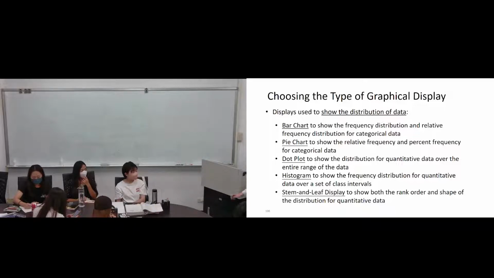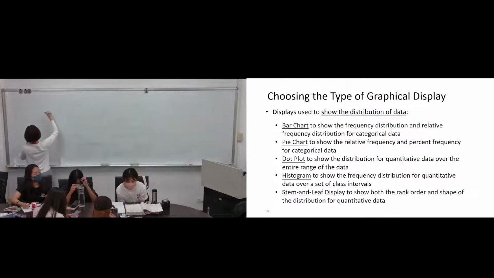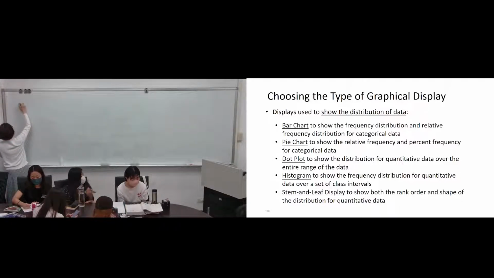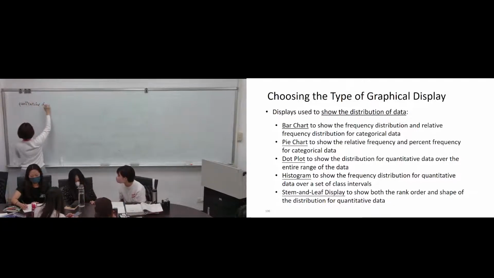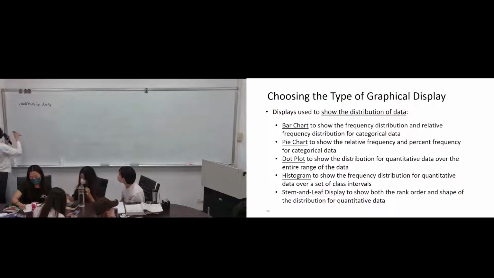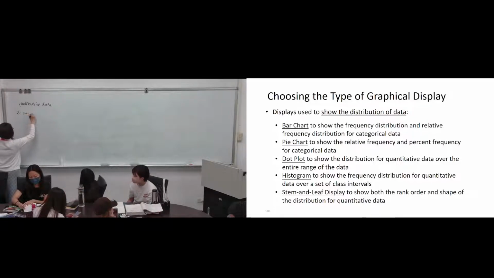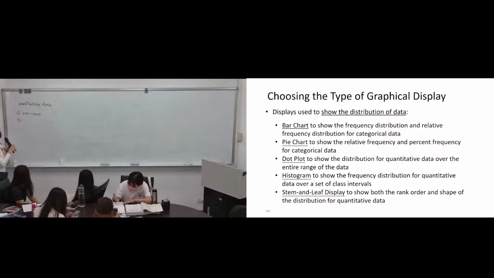Let me write it down on the blackboard. For qualitative data, the charts we use: first one is bar chart, and the other one is pie chart.